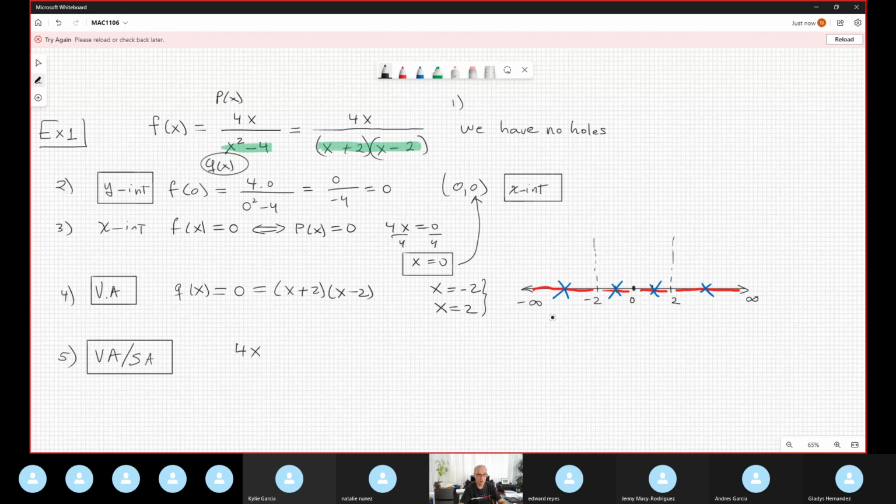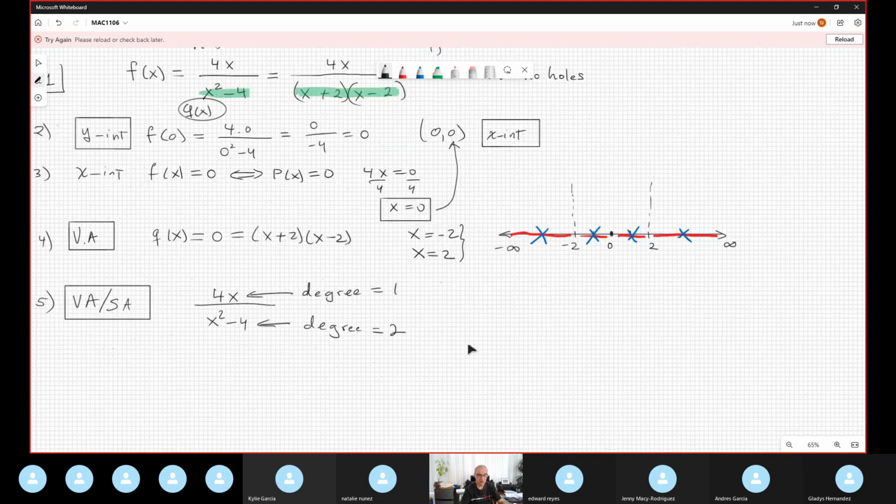I copy the function one more time. I can clearly see the degree of the polynomial in the top is 1, linear, and the degree of the polynomial in the bottom is 2, quadratic. Oh, so I remember the special case. Look, I made a mistake here: this is horizontal, right?